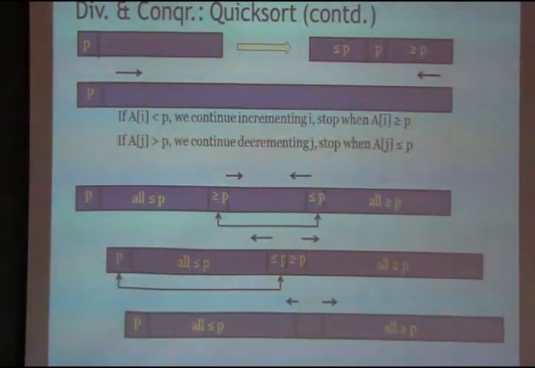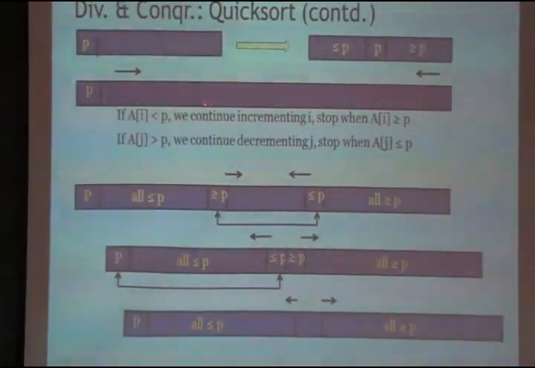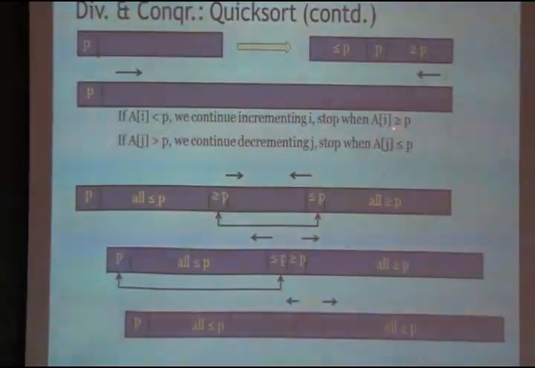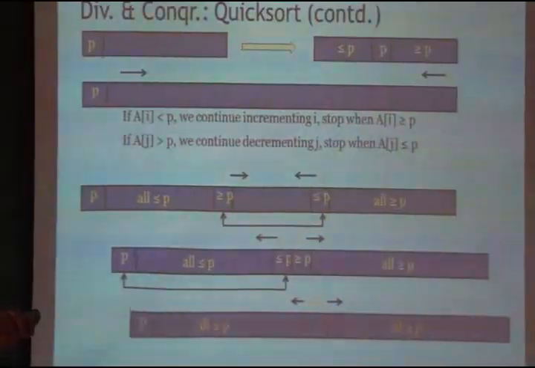Then we start comparing A of I, leaving the first element; from the second element onwards it starts comparing with the pivot. If A of I is less than P, then increment I. This is a continuous process, and it stops when A of I is greater than or equal to P.